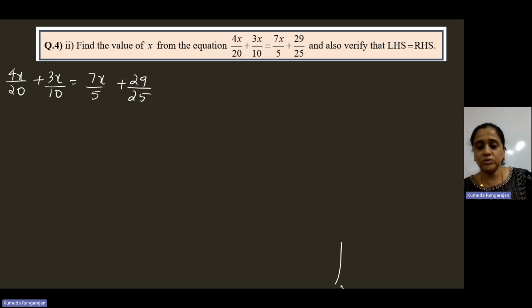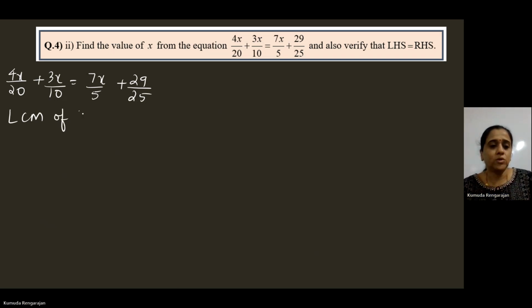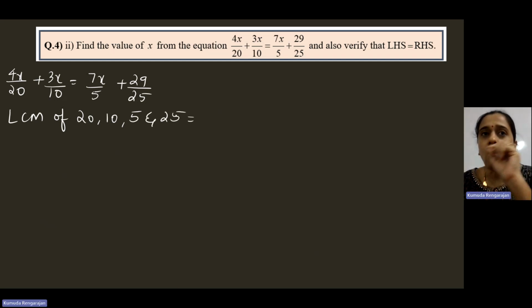We'll first do it using method 1. What is the LCM of all the denominators in this equation? LCM of 20, 10, 5, and 25. Find out.